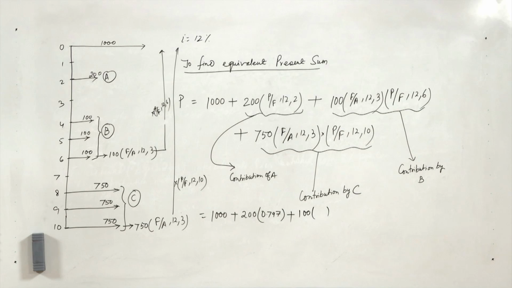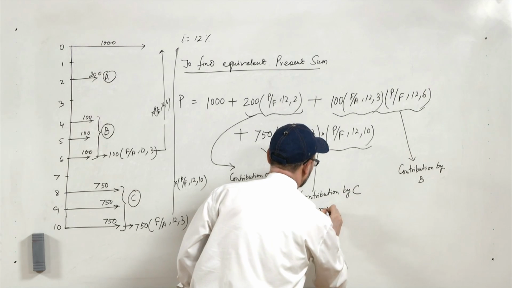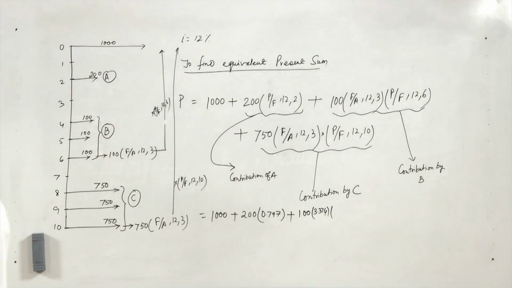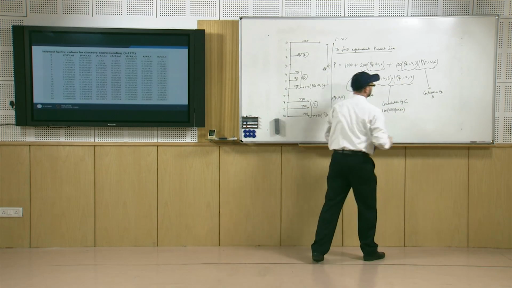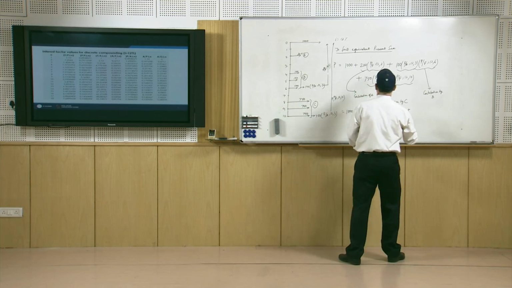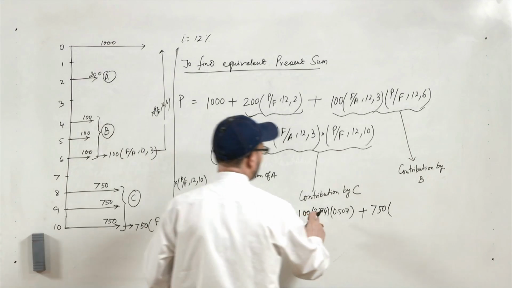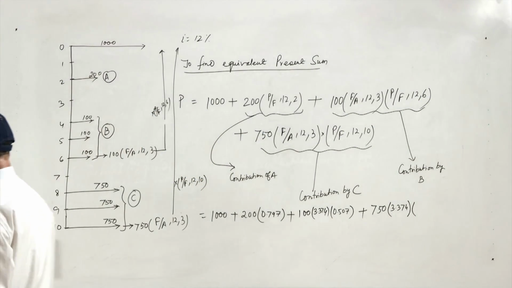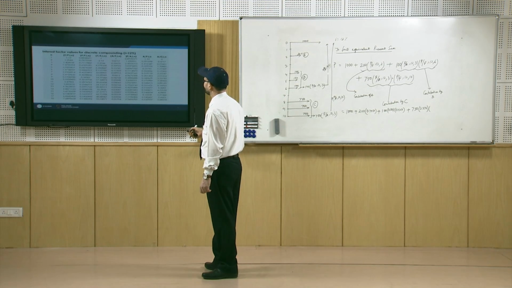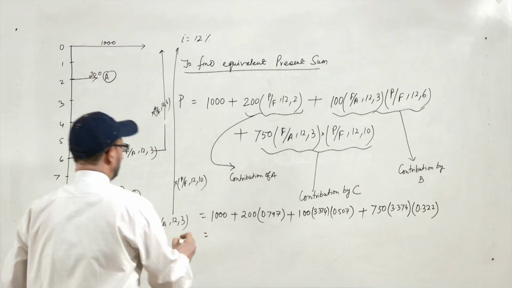F by A 12 3 is 3.3744, multiplied by P by F 12 6, which we can get from here as 0.507, plus 750 multiplied by F by A 12 3, which we have got as 3.374, and P by F 12 10, which will be 0.322.